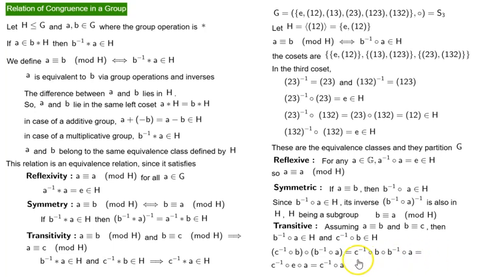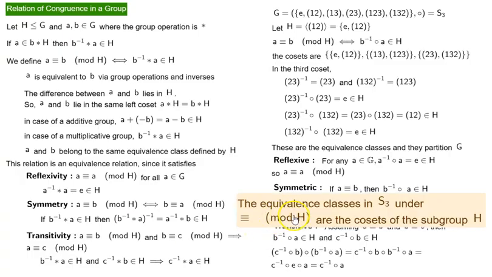Now here b times b inverse is e. So c inverse times e times a is equal to c inverse times a. So we have the equivalence classes in S3 under equivalence or congruence mod H are the cosets of the subgroup H. That was the relation of congruence in a group.